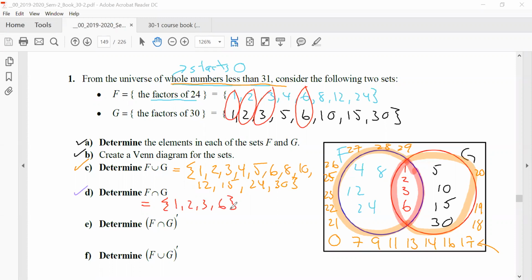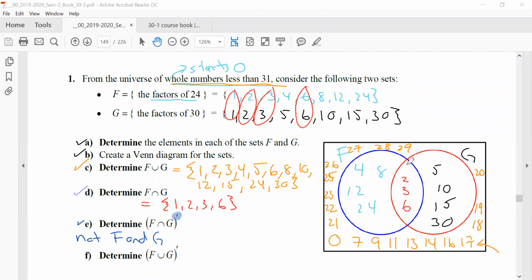Now, E and F is where we start to get a little bit trickier. E. So what this says is not F and G. So remember my little trick here, I'm just going to erase a little bit, is I like to first pretend that that's not there.